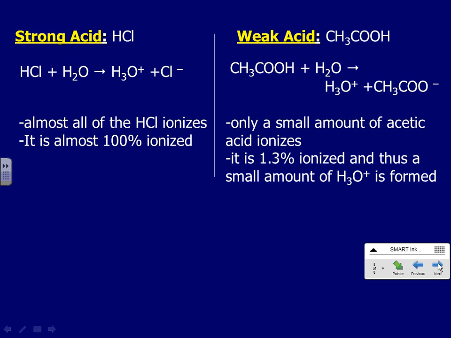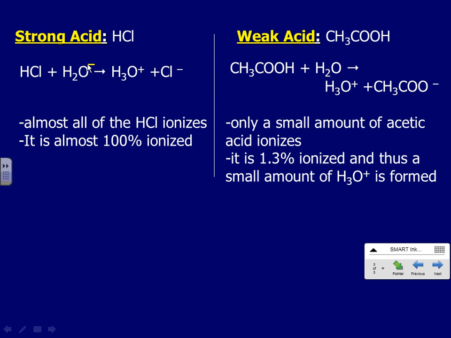This type of reaction that can go both ways, and we will learn more about it next year, is called an equilibrium reaction. In an equilibrium reaction, the forward reaction happens, and at the same time, the reverse reaction happens. The question is, which one happens faster and to a greater extent? In this case, the forward reaction happens to a much greater extent than the reverse reaction.